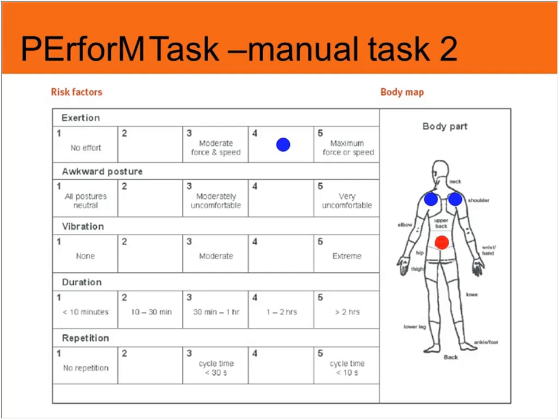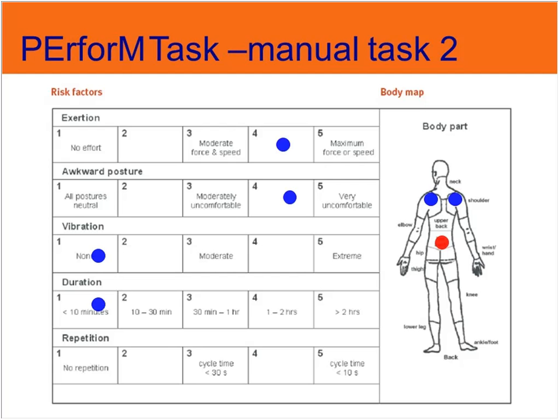And also when they're throwing the linen up into the van, so a fair bit of exertion there. Awkward postures for the shoulders, again, are 4, especially the worker is going quite above shoulder height when he's throwing up the linen. No vibration for this task.